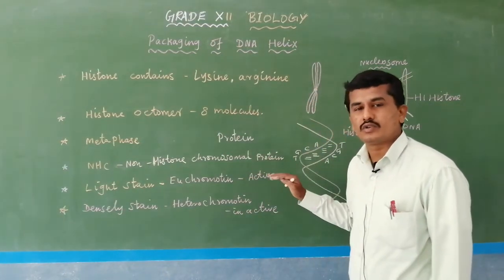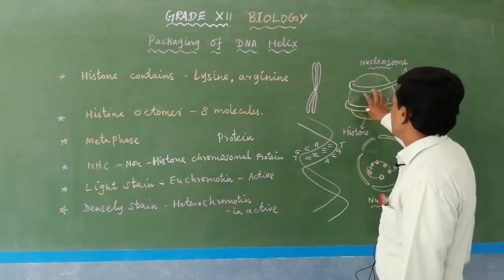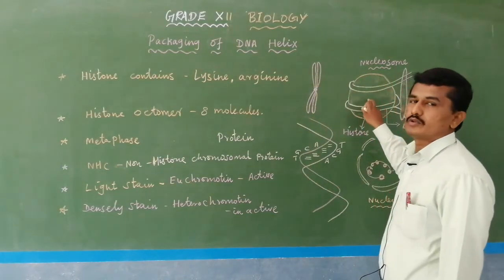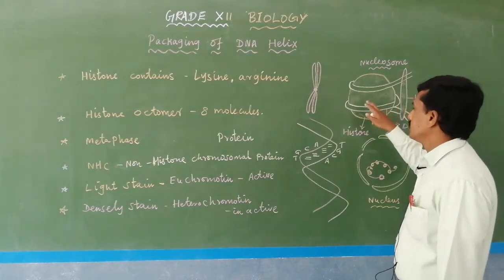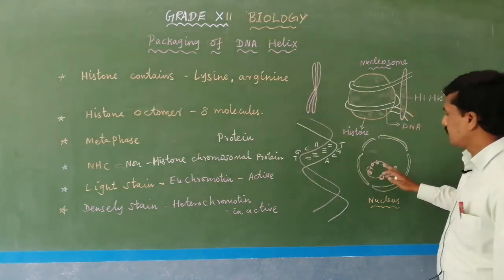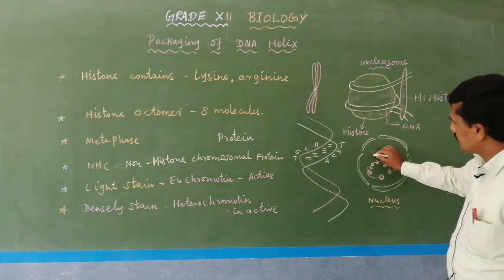What do non-histone chromosomal proteins mean? Forming a nucleosome needs histone protein and the H1 histone. So the chromatin reticulum slowly condenses into chromosomes during the cell division stage.